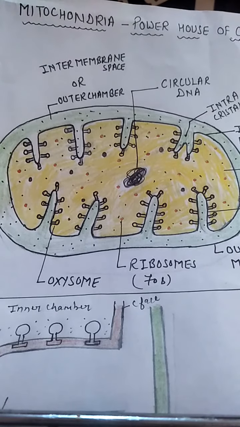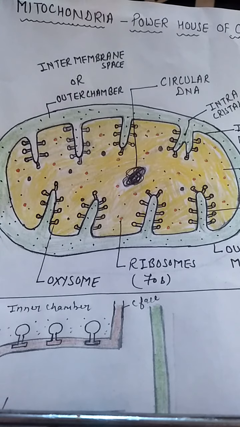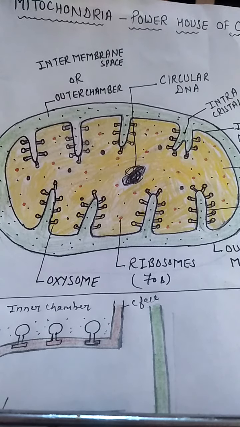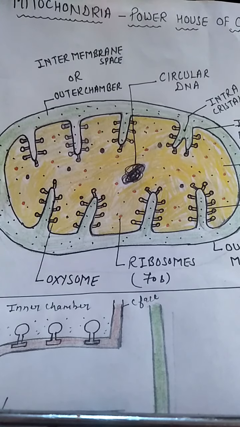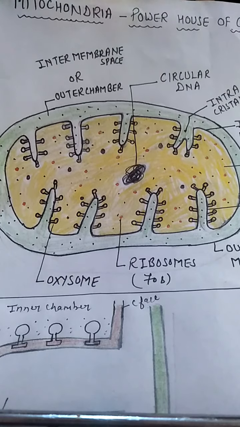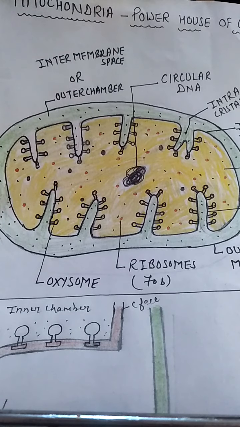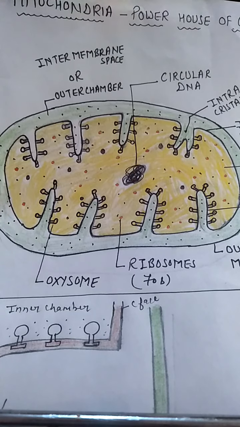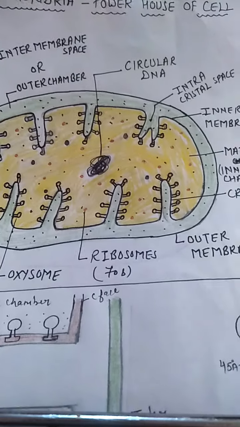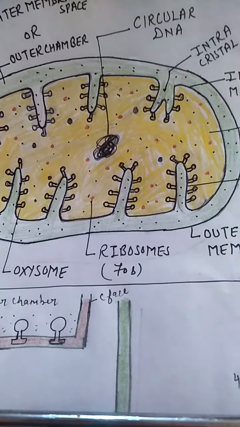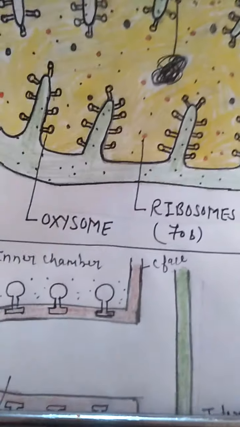Now, what are the functions? Students, you know mitochondria are known as the powerhouse of the cell. They are responsible for the synthesis of ATP with the help of the electron transport chain, which takes place during respiration. They are also responsible for the formation of some molecules inside the cytoplasm.